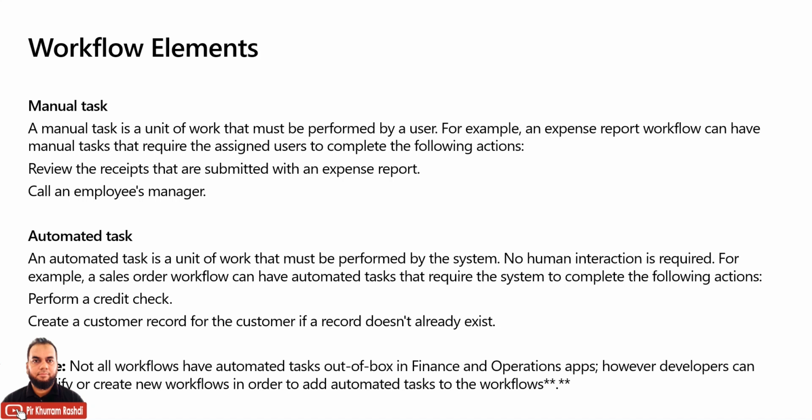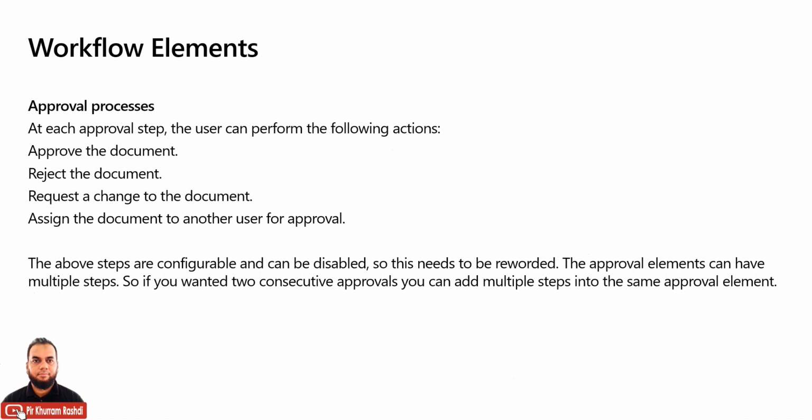So that cannot be further given service, or inventory or stock could not be sold until they start paying. So that credit check can be performed by the system. Similarly, creating a customer record when the customer record does not already exist can also be an example of an automated task. When automated tasks are not available out of the box, we can customize them through developers.